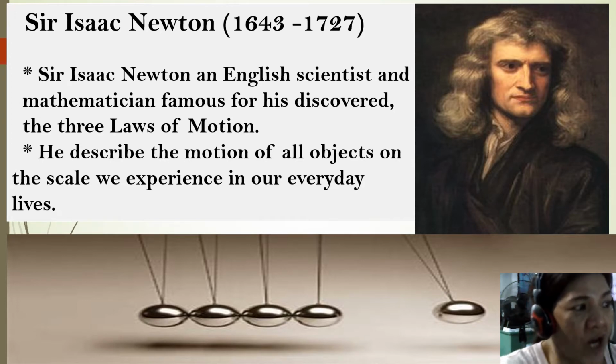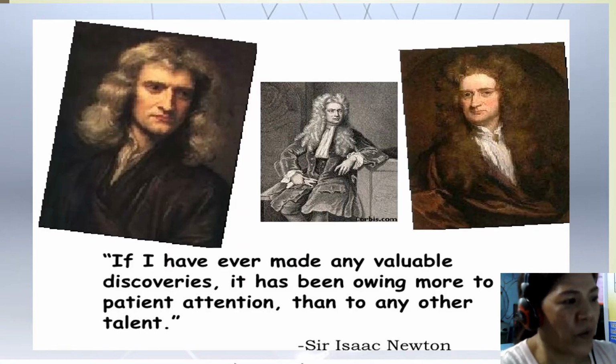So he described the motion of all objects on the scale we experience in our everyday lives. So as he quoted, "If I have ever made any valuable discoveries, it has been owing more to patient attention than to any other talent." So that was the word of Isaac Newton.